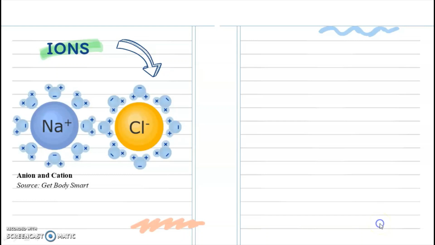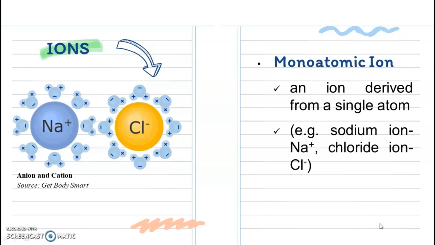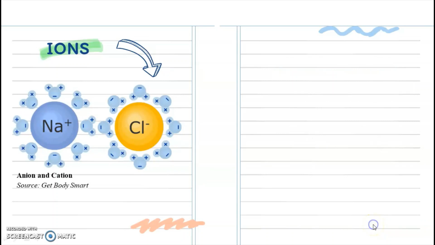The first one is monoatomic ion, which is an ion derived from a single atom. Examples are sodium ion or Na+, and chloride ion or Cl-. Ibig sabihin, iisang atom lang yung pinanggagalingan nila.